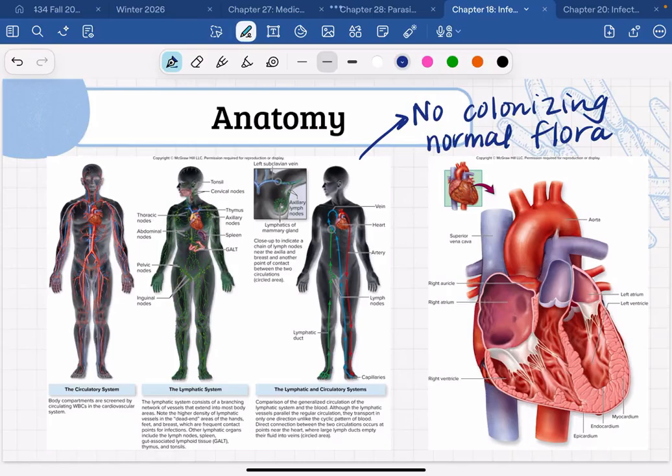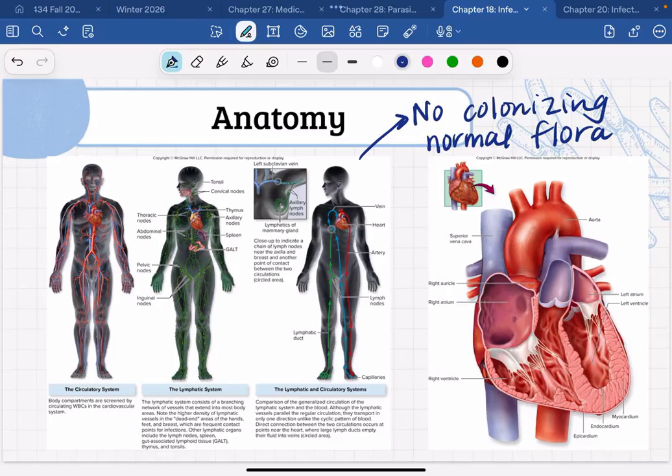Other notable parts of both of these systems: the cardiovascular system has your heart. That's how the blood gets pumped throughout your body. So your heart is attached to your cardiovascular system. And then also in your lymphatic system, you have these little, they're not quite organs, they're nodes called lymph nodes.